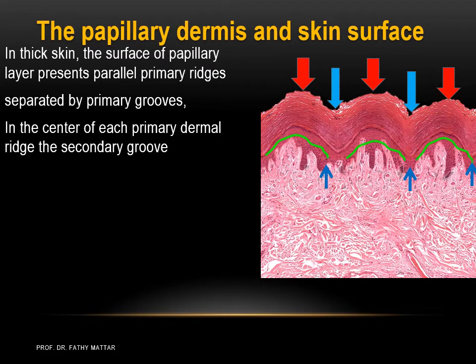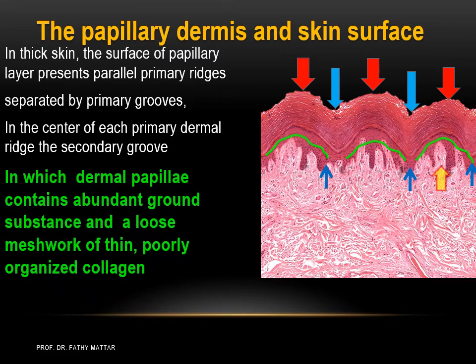In the center of each primary dermal ridge, the secondary groove is a groove in which the dermal papillae contain abundant ground substance and a loose meshwork of thin, poorly organized collagen, because it is a kind of loose connective tissue.